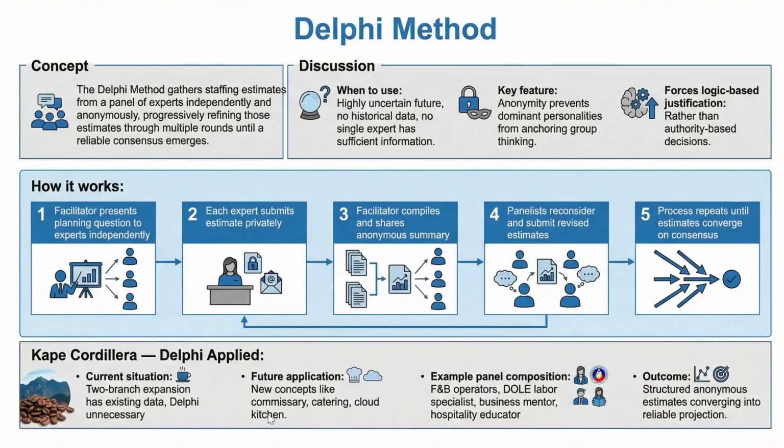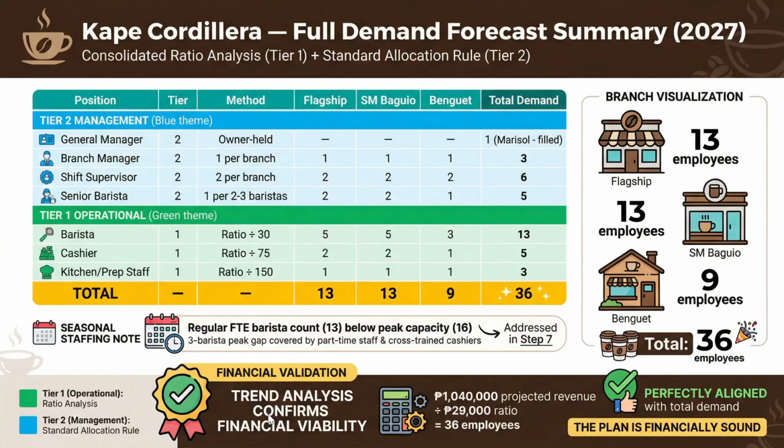Alright, so natapos na tayo sa forecasting demand, yung mga quantitative and qualitative methods. Now, here we go. In putting all together, yung mga kinompute natin, yung mga inestimate natin na mga demand at saka mga supply. So, nandito na tayo. Natapos na natin yung ratio analysis, Markov, succession plan, managerial estimation, trend analysis.